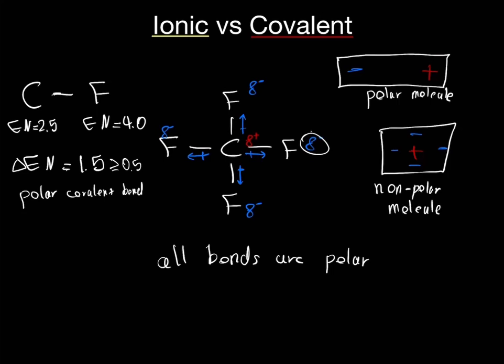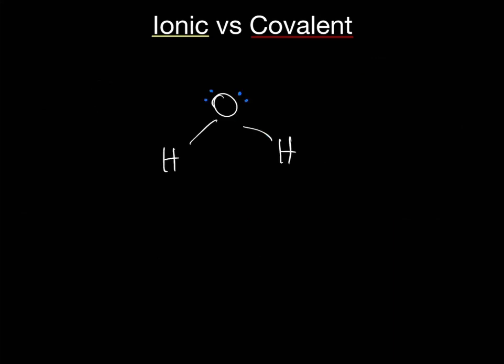So now let's go through an example where there are polar bonds and the molecule itself is also polar. In water, the oxygen has an electronegativity value of 3.5, and the hydrogen has an electronegativity value of 2.1 as always.